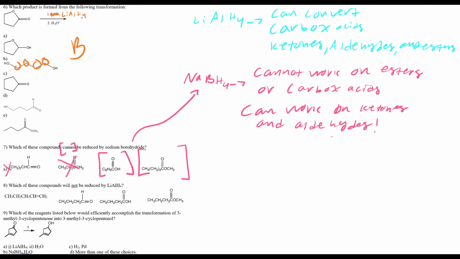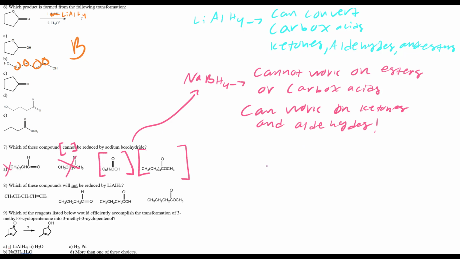So technically, A, B, C and D would actually be correct. So if there was a multiple choice question that said 2 of these compounds, well, you would pick that. Okay, so 2 of these compounds cannot be reduced by sodium borohydride, that being the carboxylic acid and the other being an ester group. Okay, which of these compounds will not be reduced by lithium aluminum hydride?